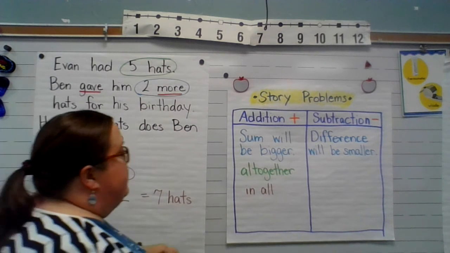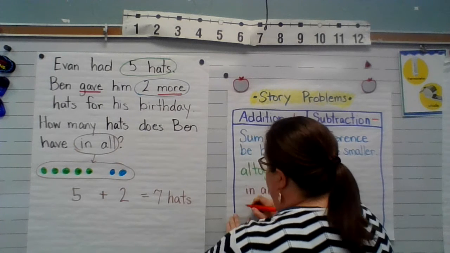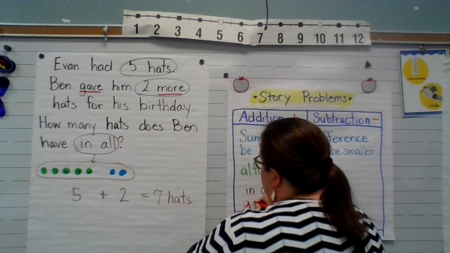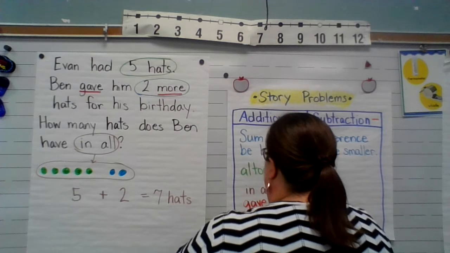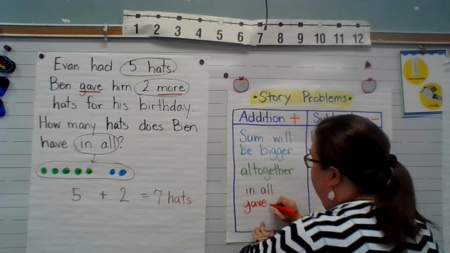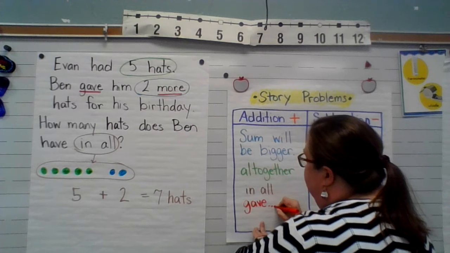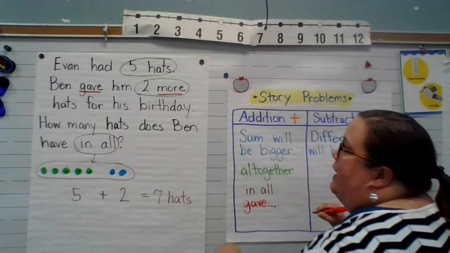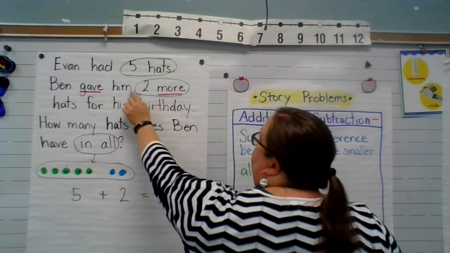So what I'm going to do is I'm going to write over here, I'm going to write gave, and then I'm going to write ... that's taking the place of these words in between.